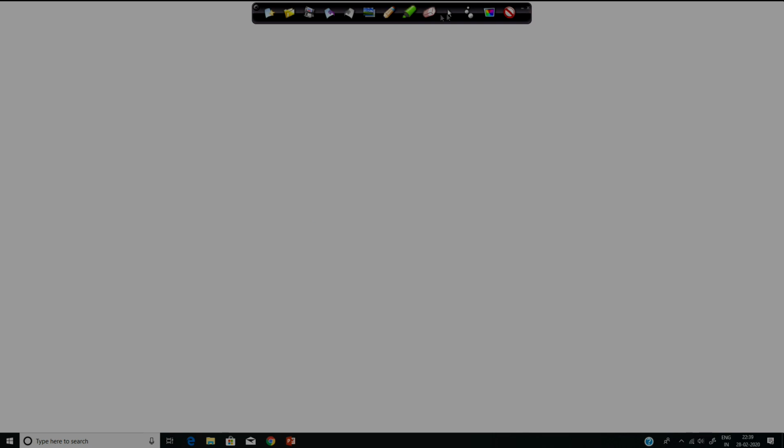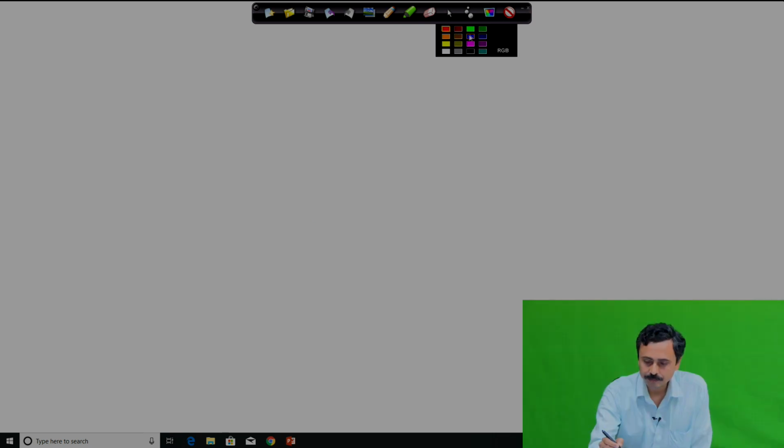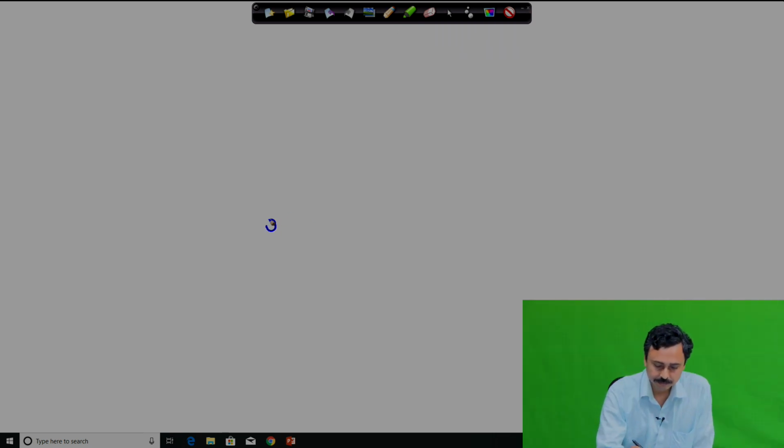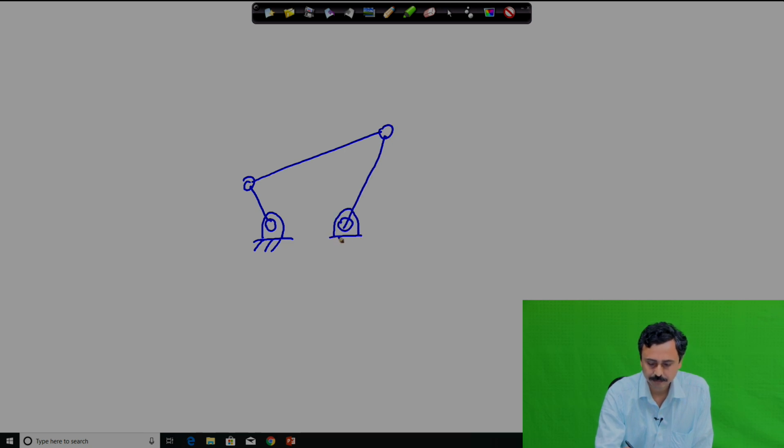When you talk of, let us say, a 4R mechanism, typically this angle, and it is usually called mu, this is the transmission angle.